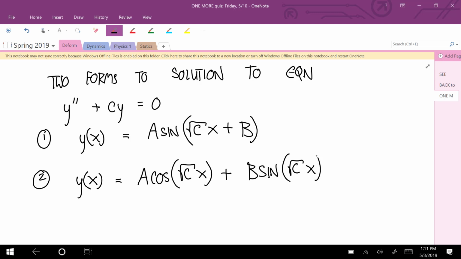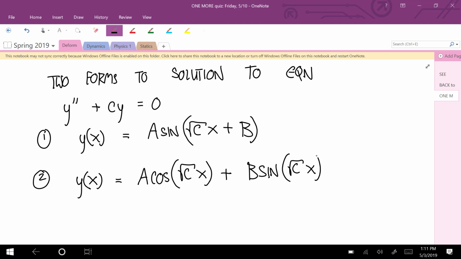Which one you choose just depends on how you want to think about the problem. Both of these are sinusoidal functions, and adding cosine and sine together with different coefficients just has the effect of shifting the sinusoidal shape horizontally. That's the same thing that having this phase shift angle in there does, so these do the same thing.